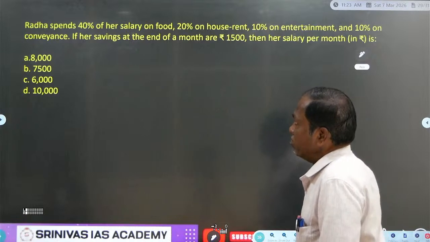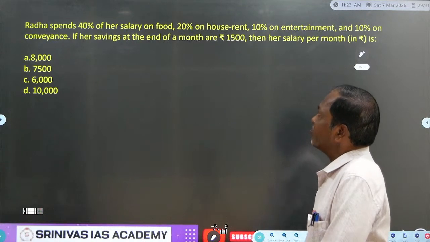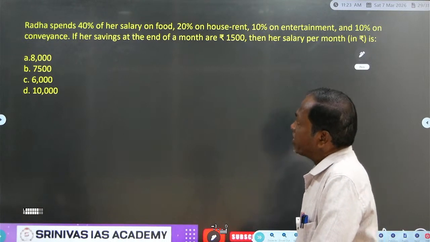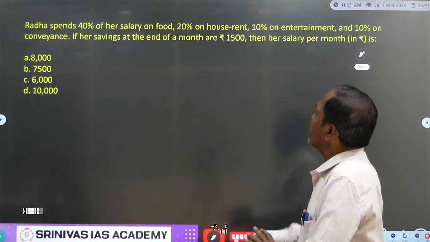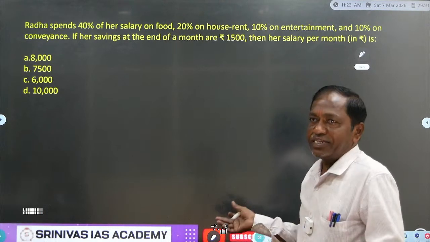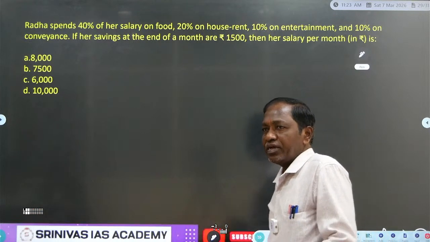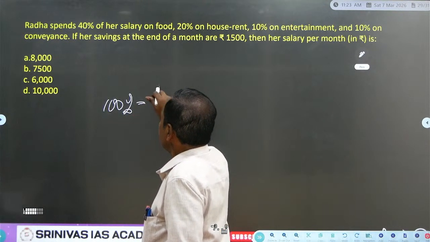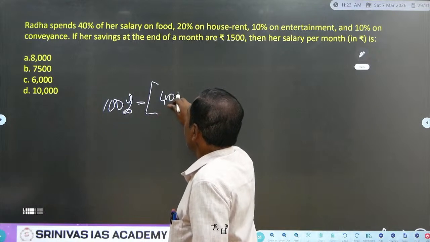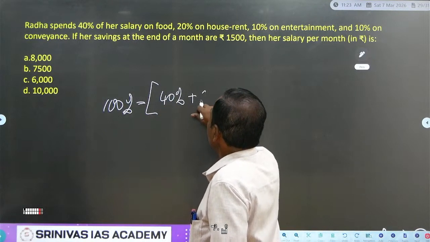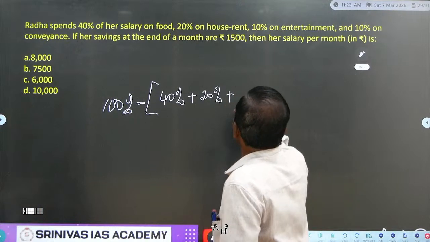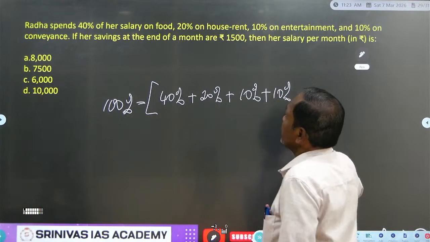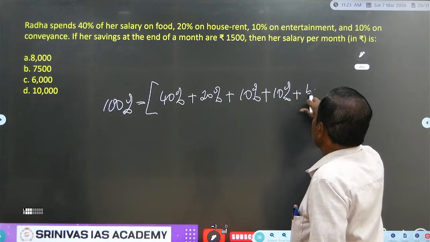Now, Radha spends 40% of her salary on food, 20% on house rent, 10% on entertainment, and 10% on conveyance. If her savings at the end of a month are 1,500, then what is the salary per month? Again it's the same thing. Let the total salary be 100%. 40% on food, 20% on house rent, 10% on entertainment, plus 10% on conveyance, plus balance.